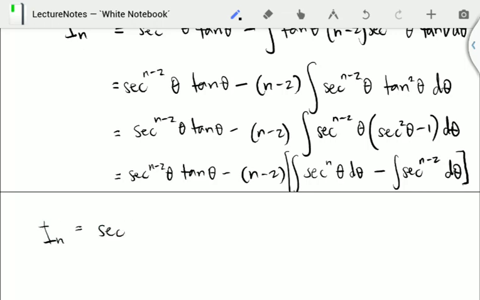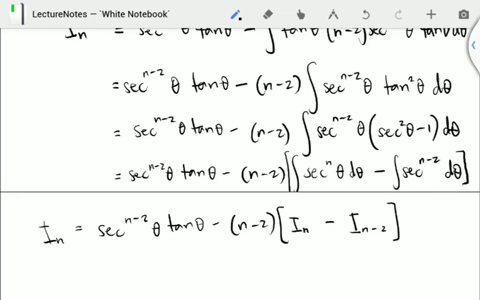Let's write it down: sec^(n-2) theta tan theta minus (n-2) times the quantity. Note that the first term here is just I_n, the integral of sec to the n. The second term we can call I_(n-2), the integral of sec^(n-2), of course with a theta there.